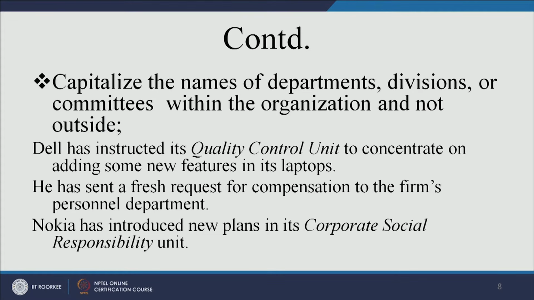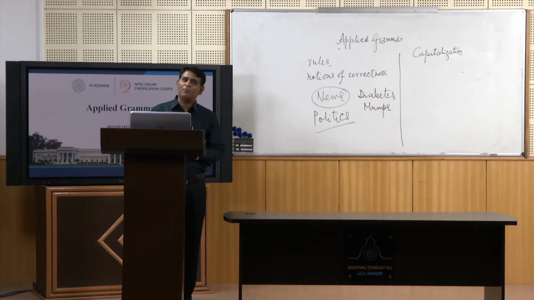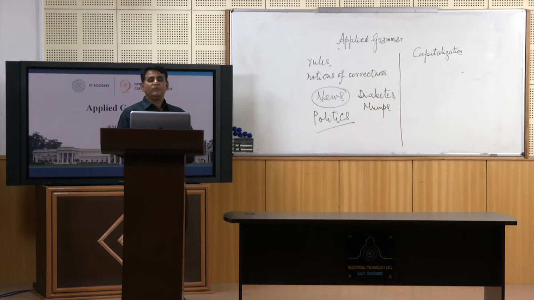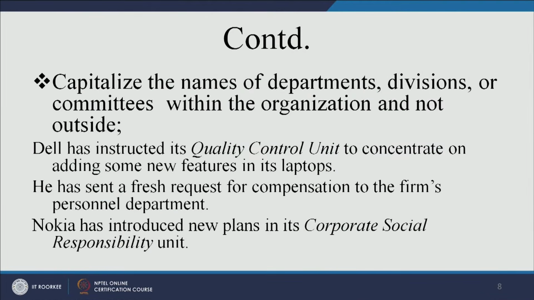Here are some examples you can have a look at. Dell has instructed its Quality Control Unit. This quality control unit is a part of an organization to concentrate on adding some new features in its laptop. Again, look at the second sentence. He had sent a fresh request for compensation to the firm's personnel department. Here the personnel department is written in small, but it should be written in capital.